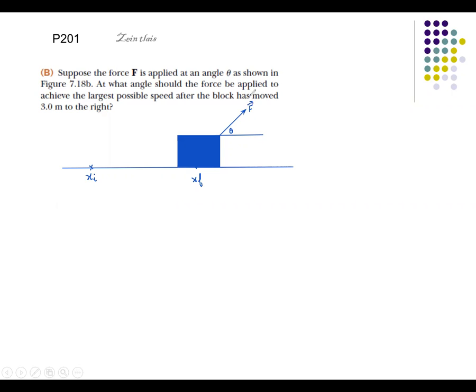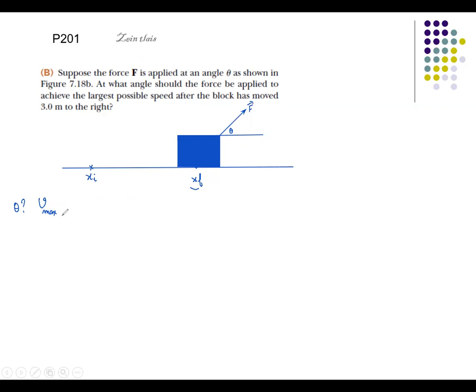The question is, at what angle theta should the force F be applied to achieve the largest possible speed after the block has moved 3 meters to the right? So we have to find the angle theta in order to have v maximum at the position x final.